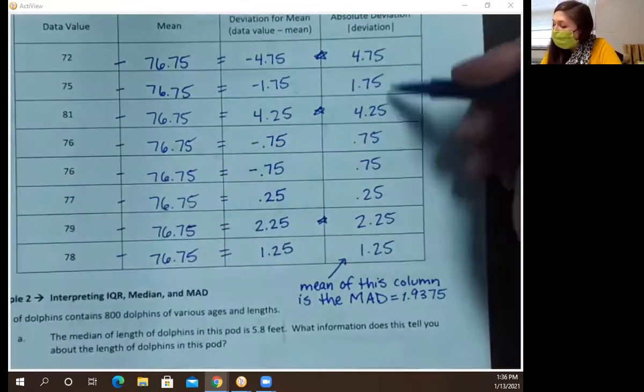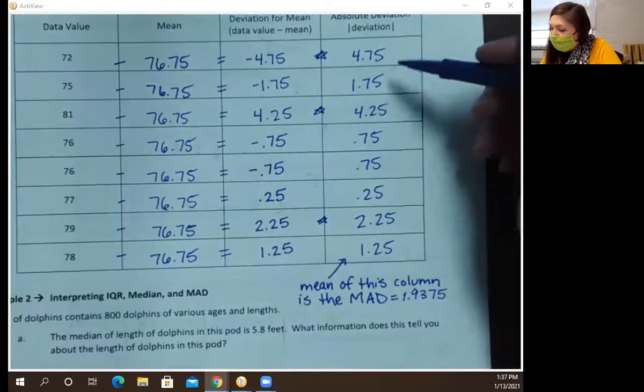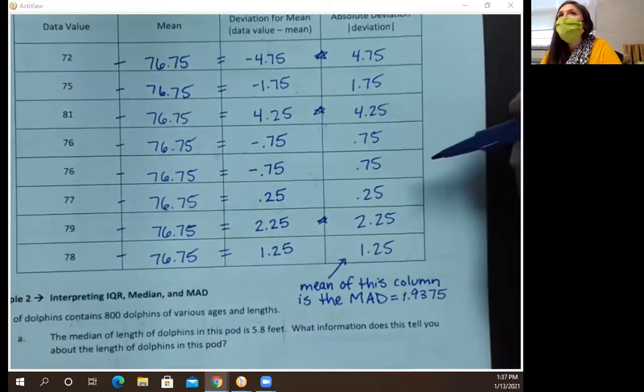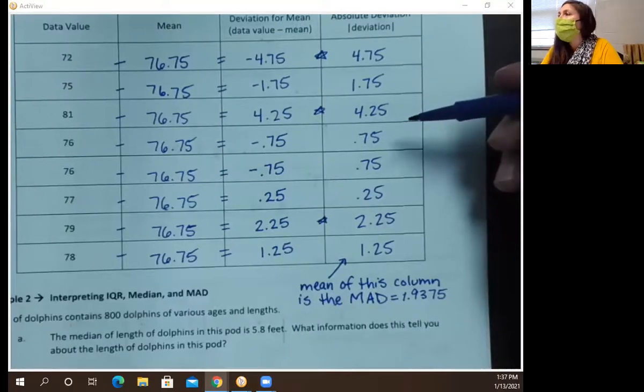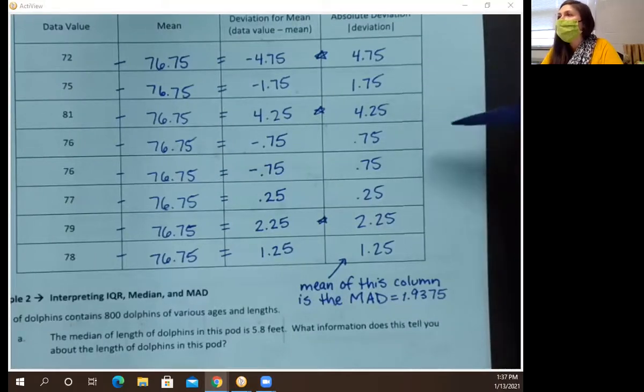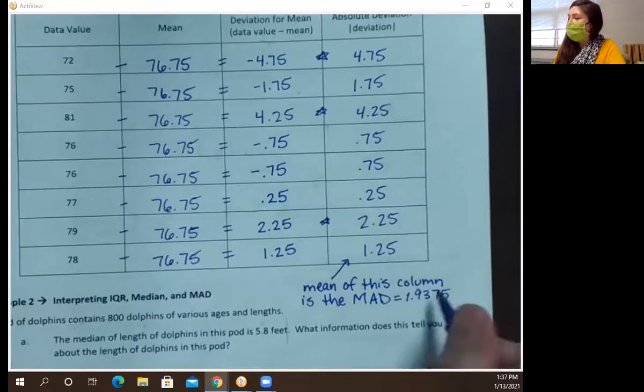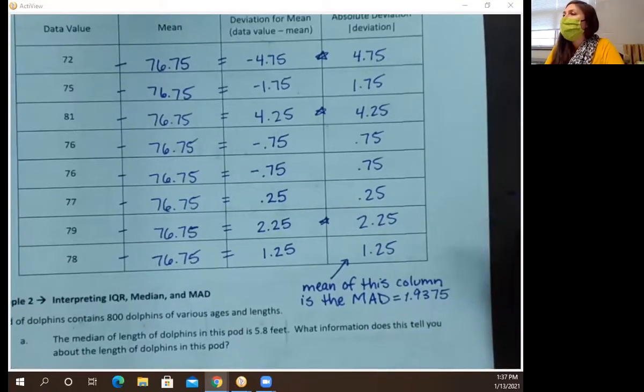So this is where we might start to ask ourselves, are these values still representative? Or did I get values that are really skewing my results? Are these so far outside of that average deviation that they really aren't good sample points to have in my data?